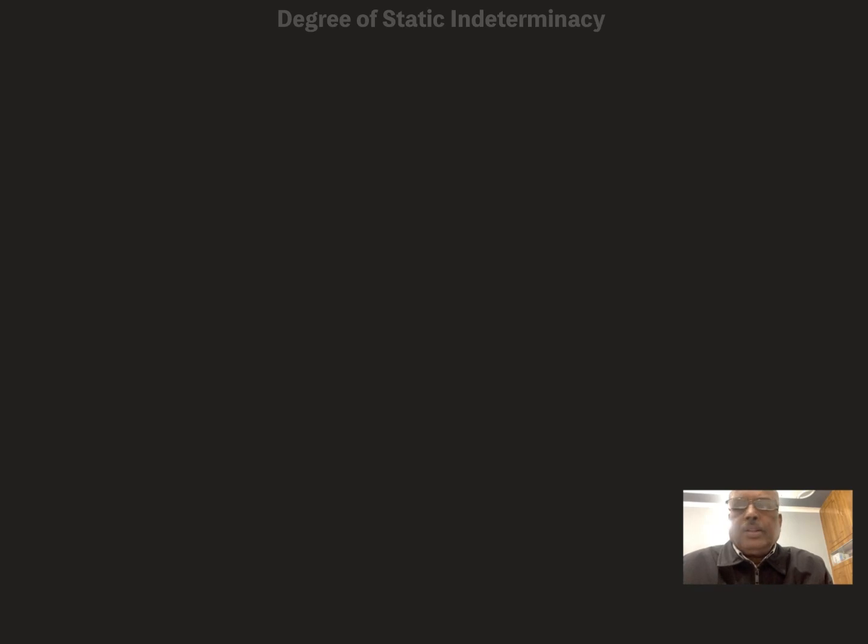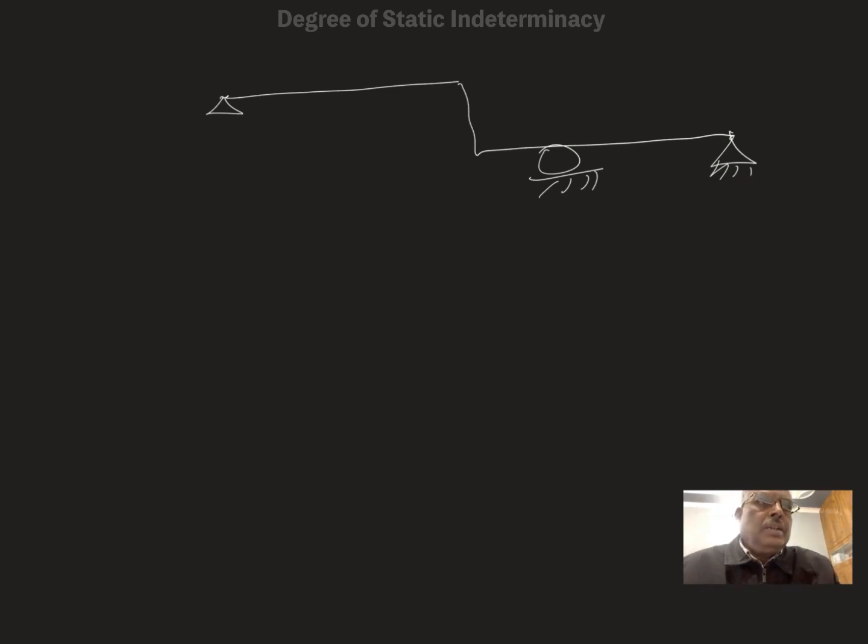Another example in the beam I am taking. This is a link. So this is a hinge here. Now we're going to find out the degree of static indeterminacy. We have to make the tree-like structure.